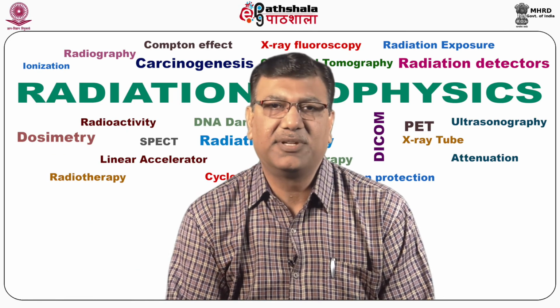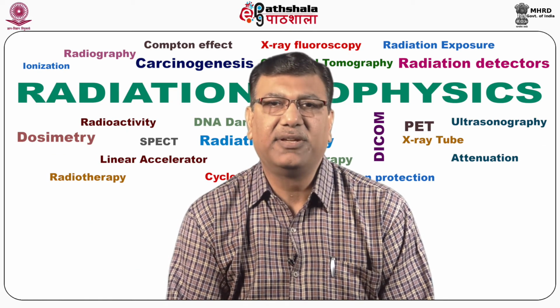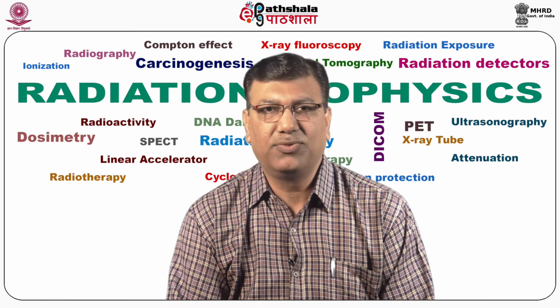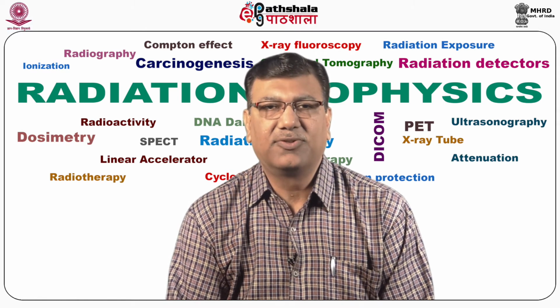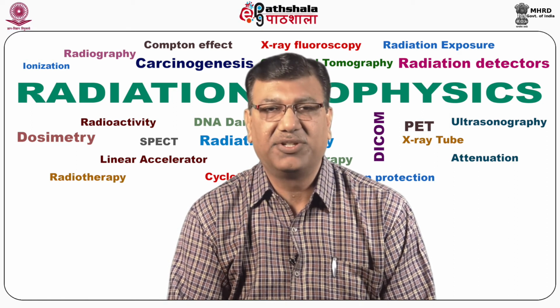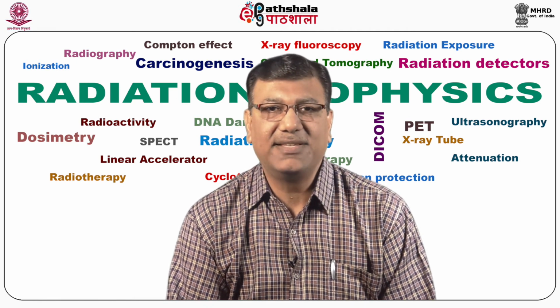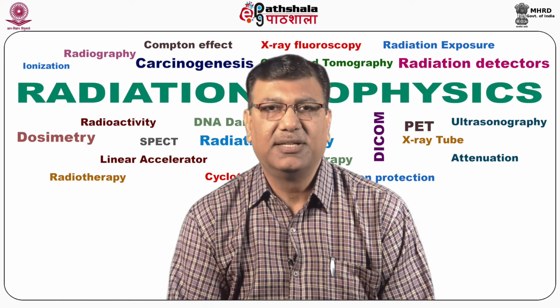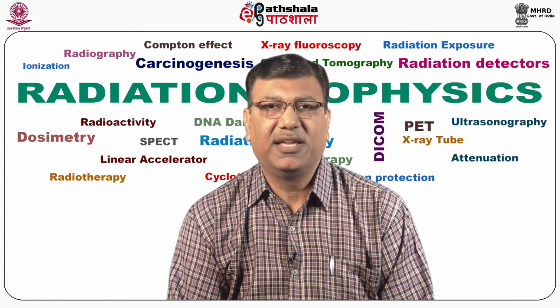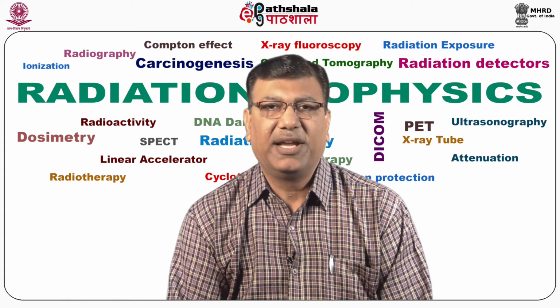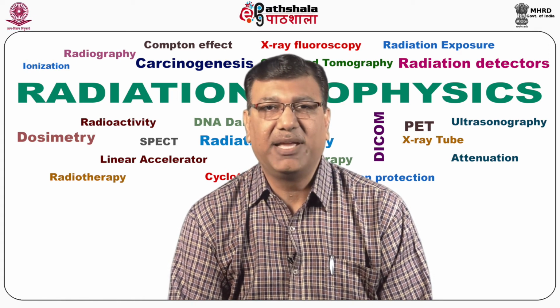Cobalt teletherapy is the machine for teletherapy where a Cobalt 60 source is used. The size of the source is approximately 2 cm and the source is shielded in a big shield in the machine, called the head of the machine. The head is very big because, since it is a radioactive source, it emits radiation continuously, and we have to make the head bigger to shield this source.